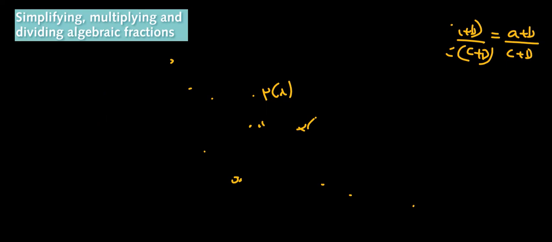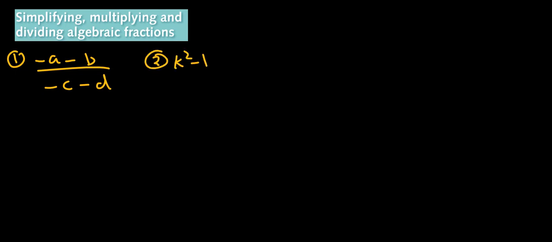Okay, so let's look at some more examples. Now you can pause the video and have a go at these yourself. Okay, so let's do that then. So question 1 is negative a negative b all over negative c, negative d. Question 2 is k squared minus 1 over k plus 1.